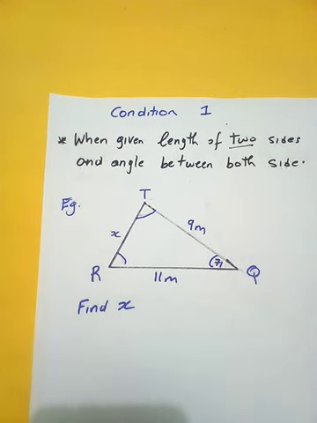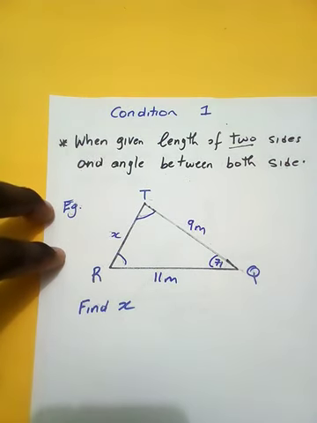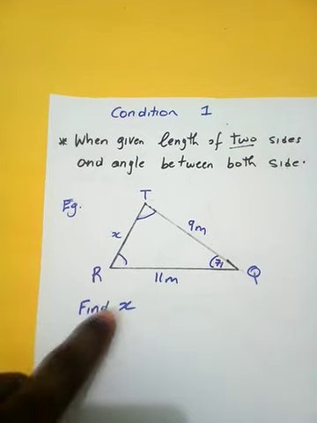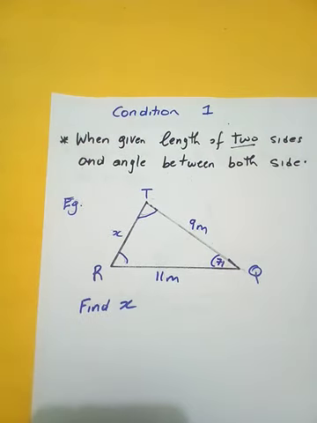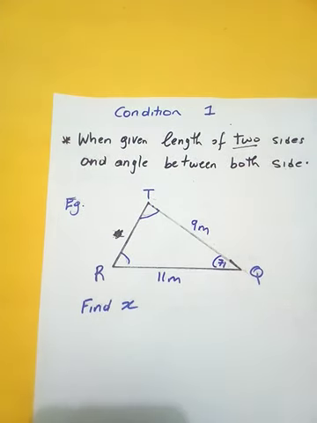Then this is one condition when we use the cosine rule. Again, when given the length of 2 sides and an angle between the 2 sides. Now in this question we are asked to find x. And sometimes when I give a question like that, it confuses students. But don't be confused. If they give you x, you can remove the x and use what you are used to.